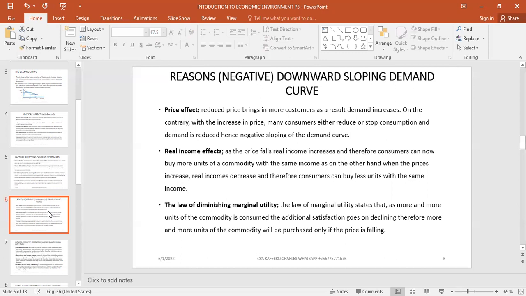So if you want the person to exceed a certain level of satisfaction, then you will have to reduce the price of those items you are giving to him. Let's say someone has been consuming beer, and the person has been taking beer at 5,000 per bottle.